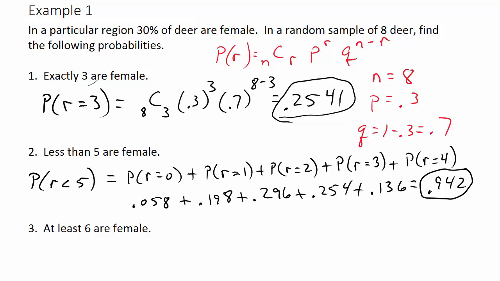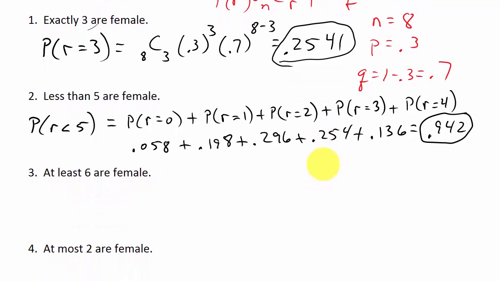Now let's go to our next part. At least 6 are female. Okay? So at least 6 are female. So that means either 6 or 7 or 8 are female. Okay? So that's the probability that r is greater than or equal to 6.